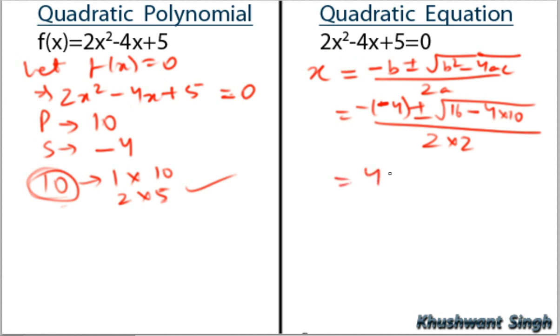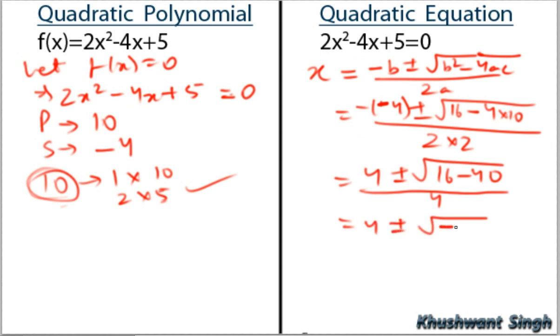So minus minus plus 4 plus minus root under 16 minus 4 into 10, 40, divided by 4. It becomes 4 plus minus root under minus 24 divided by 4. So here a minus sign is there.